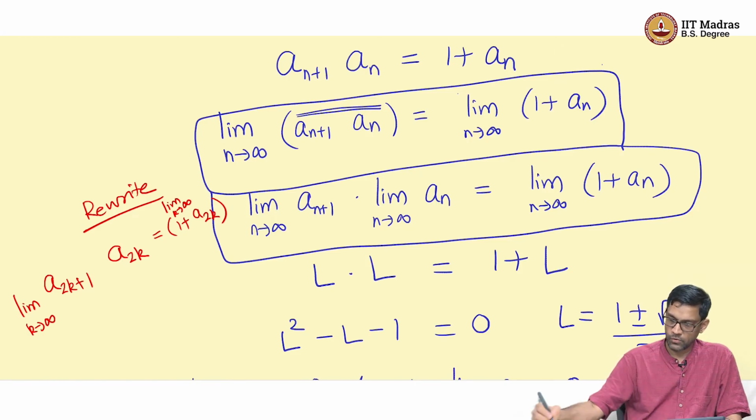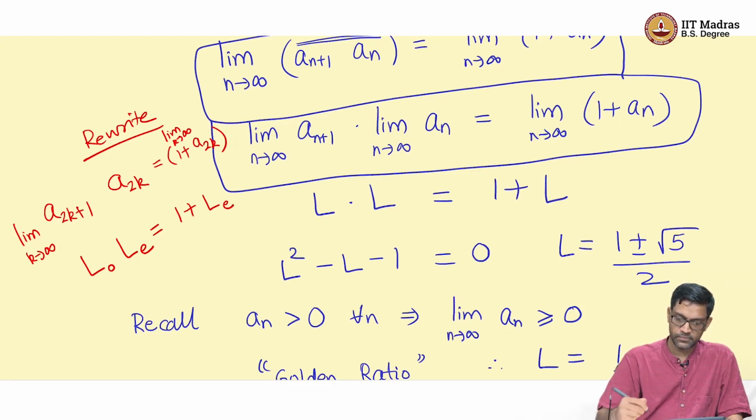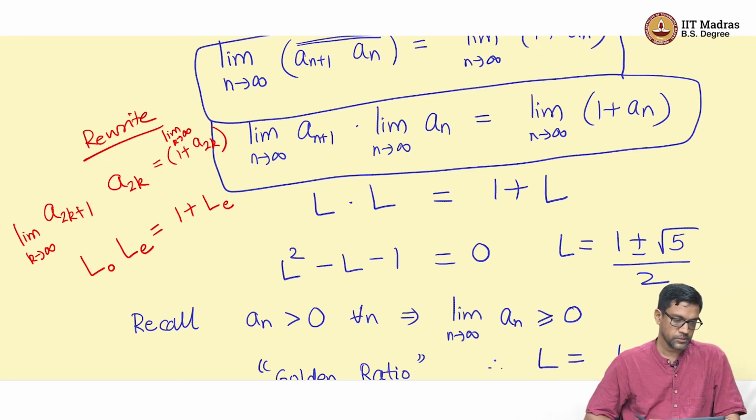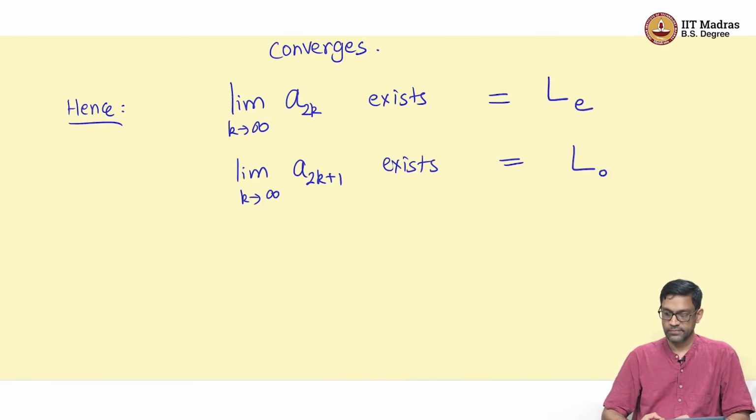The left hand side becomes L odd times L even, whereas the right hand side is 1 plus L even. So that's the conclusion we make, if you put n to be even. Both these limits exist, and our task now is to show that these two limits are the same.